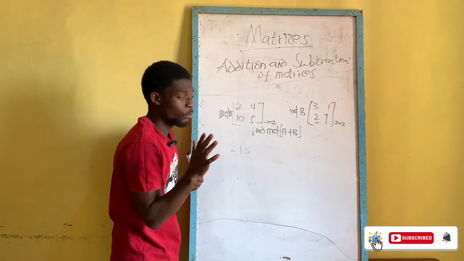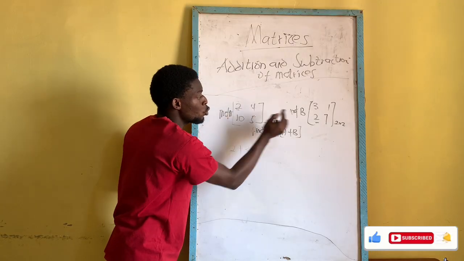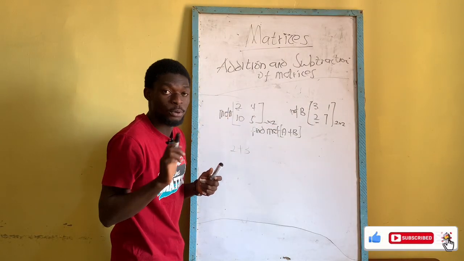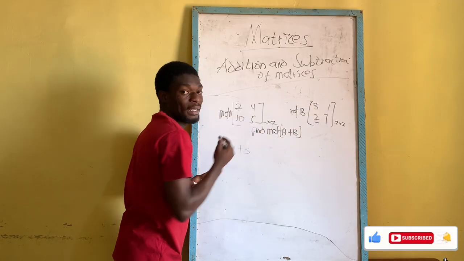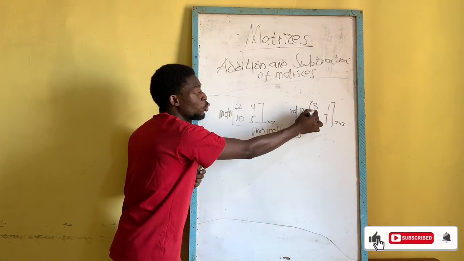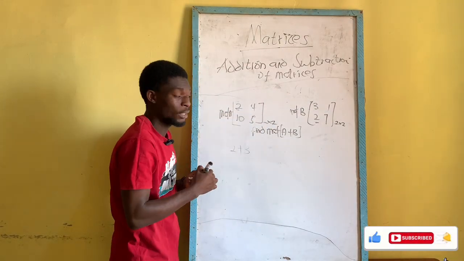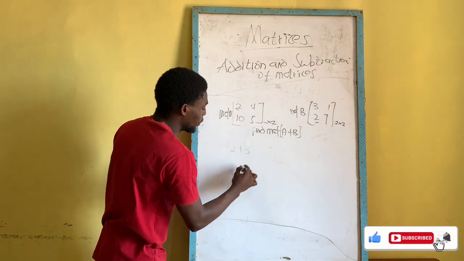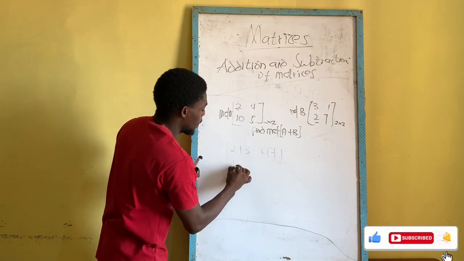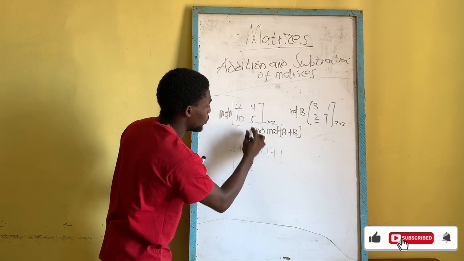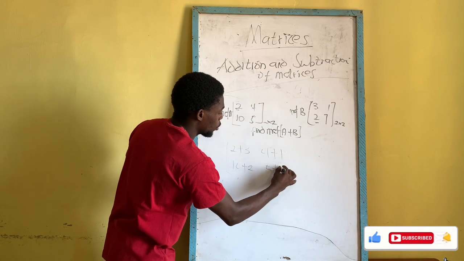Please do get what I'm saying. You cannot add this 2 to the 1 here. They are not corresponding. It is the 4 here which corresponds to the 1 at the back. But the 2 here corresponds to the 3. That's the first element. So we have to add 2 to 3, then 4 to 1, then 10 to 2, then 5 to 7.